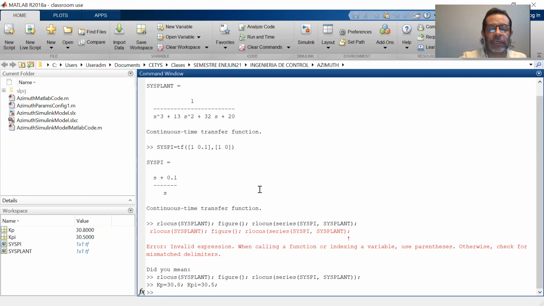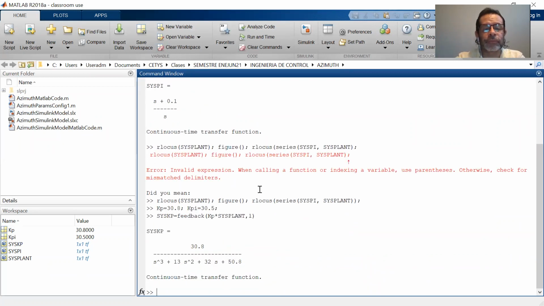Then I'm going to generate sys_KP, which is equal to the feedback of KP times sys_plant, comma 1. Okay, that's going to be the first system.